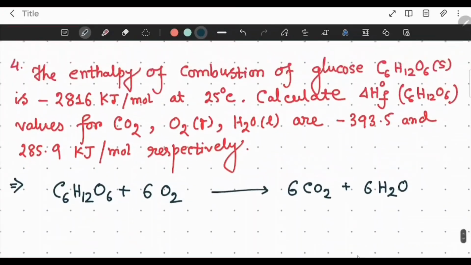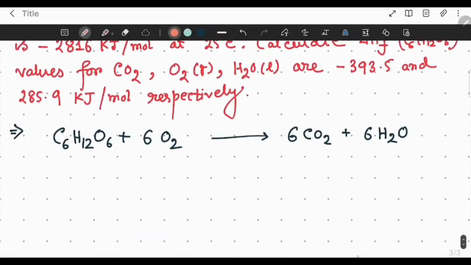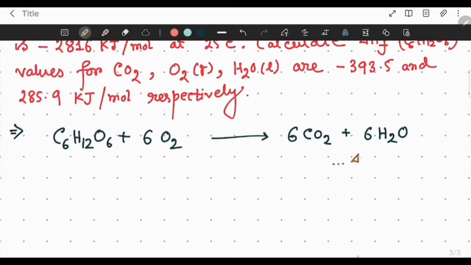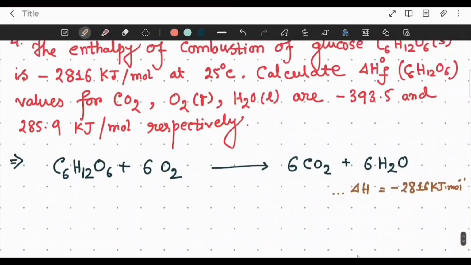Now the heat of combustion for this reaction has been given. That means we know del H for this reaction, which is minus 2816 kilojoule per mole. Now the heat of formation values are given.